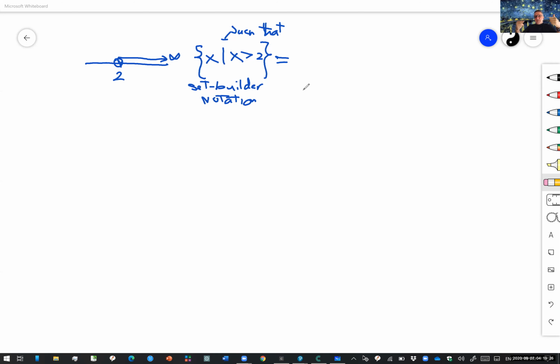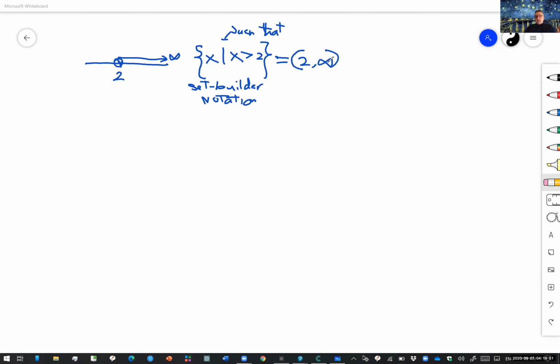Now remember, infinity is not an actual number. It's a numerical concept. So we go like this: parentheses, we put the beginning point of this set. What is the beginning point? It's 2, so we put 2, comma. Now where does it end? It doesn't end. So we put what?